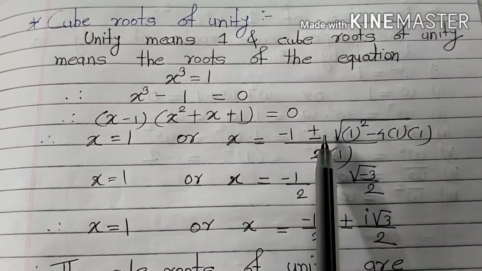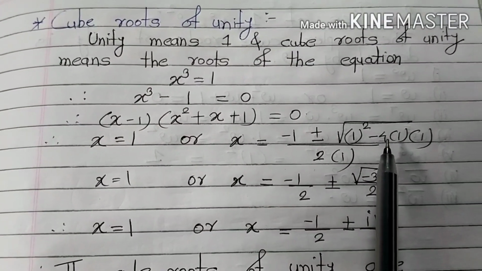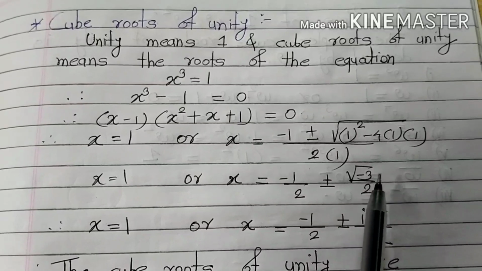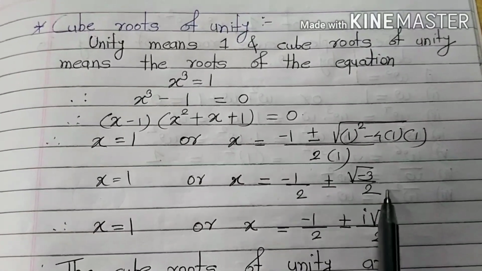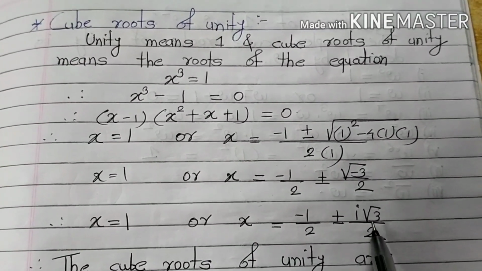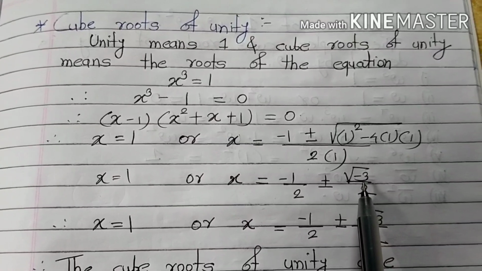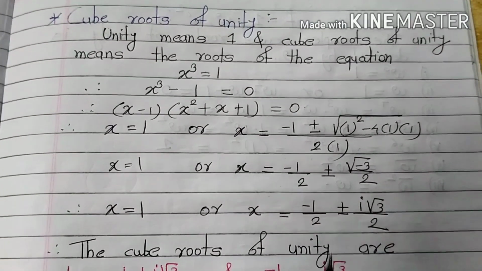Now minus 1 plus minus under root of 1 minus 4, so it is minus root 3. Now this 2 goes under both terms. So we get this term, and next here is minus root 3. We know that under root of minus 1 is i, so we take i here.